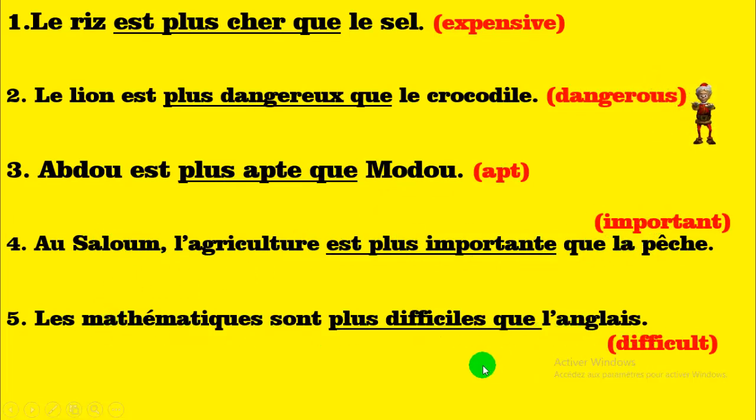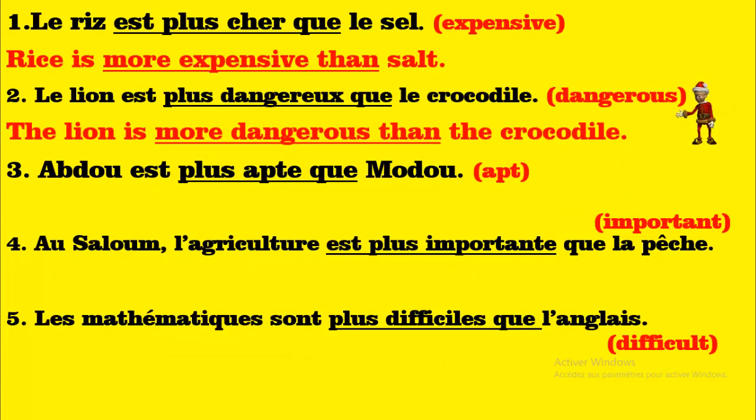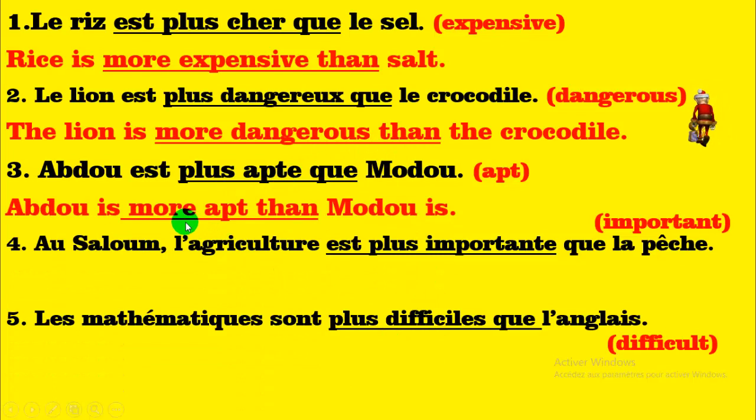Come on. Number 1. Rice is more expensive than salt. The lion is more dangerous than the crocodile, so more adjective than. Abdou is more apt than Modou. Don't forget, apt is one syllable, but it is considered as a long adjective, so more apt.